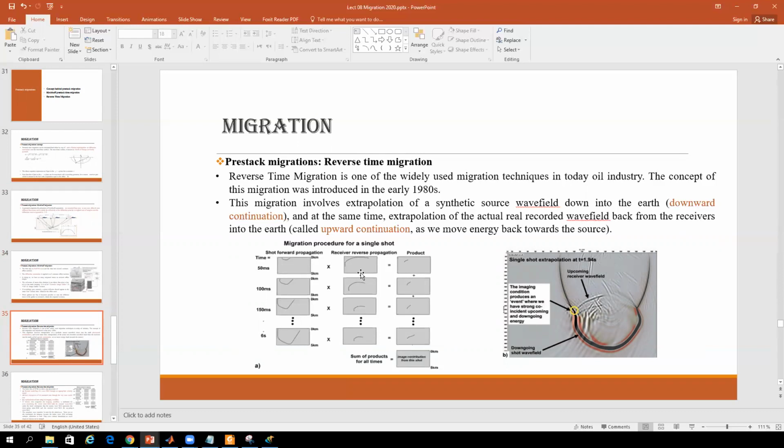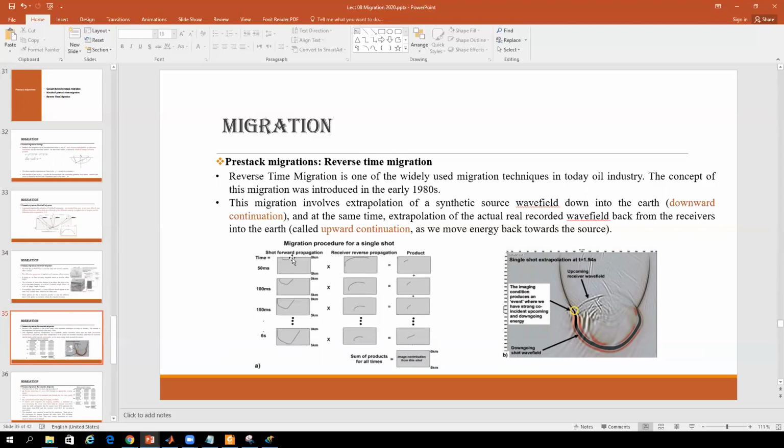What we will try to do is what we did in the wave equation migration previously, but that migration was only a one-way wave equation, while here we have a two-way wave equation. So here we will try to solve the equation at different times, starting from Tmax until T0.